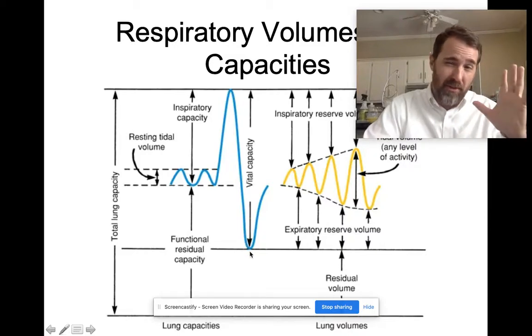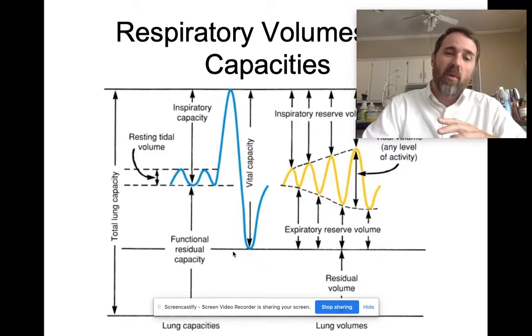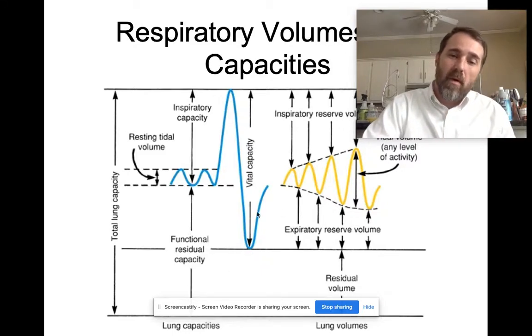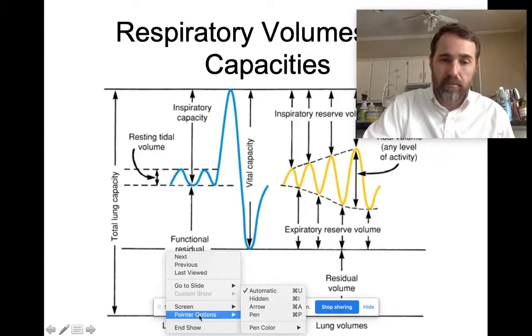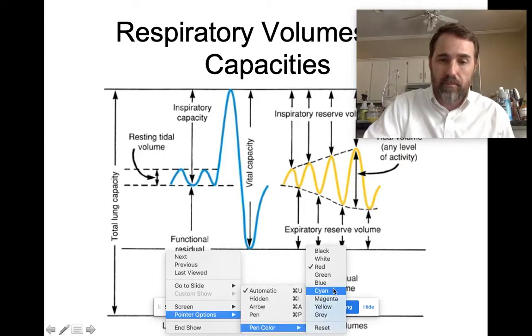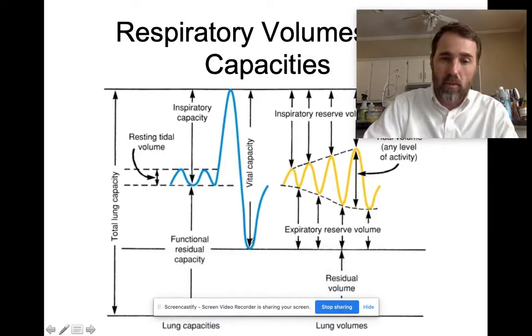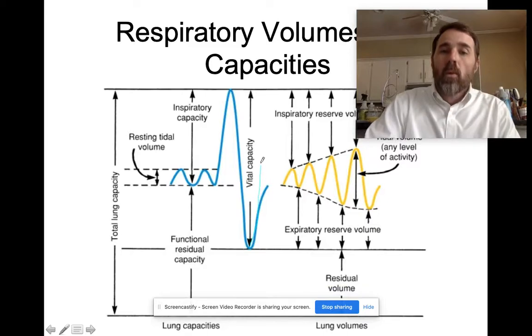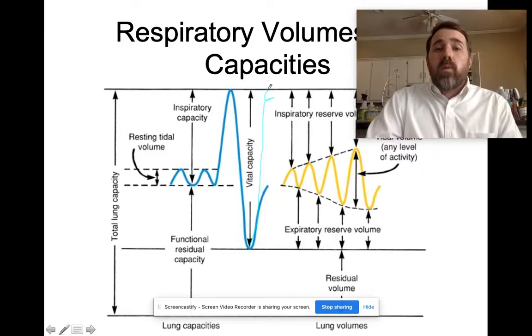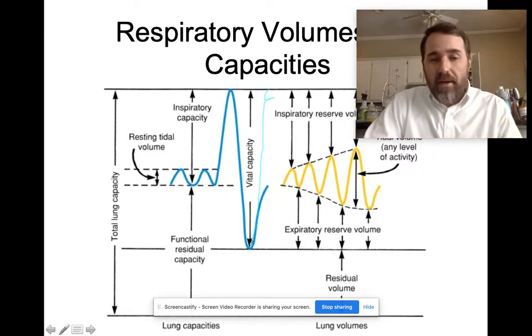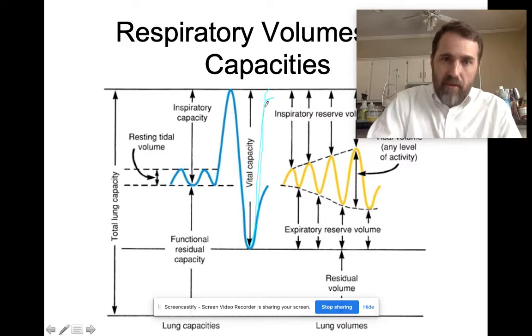So if I were to take another inspiration, if I at that point were to inspire all the air into my lungs that I'm capable of inspiring, you see that this is my vital capacity.